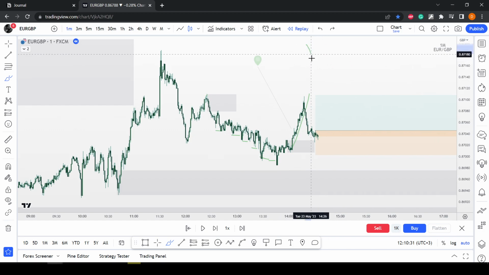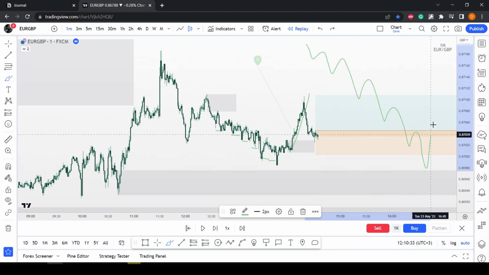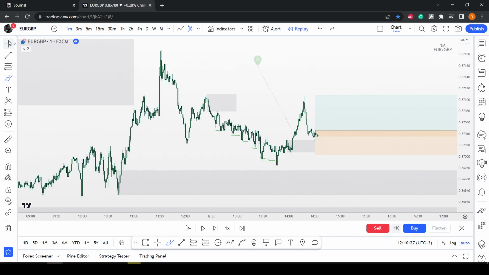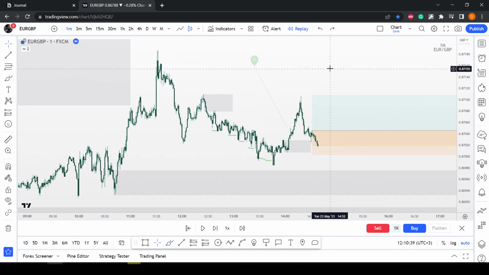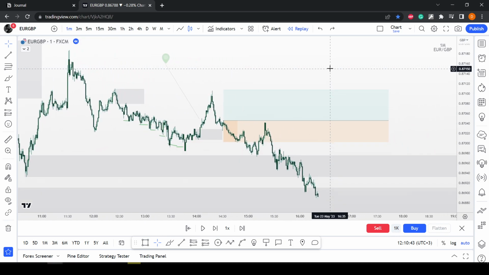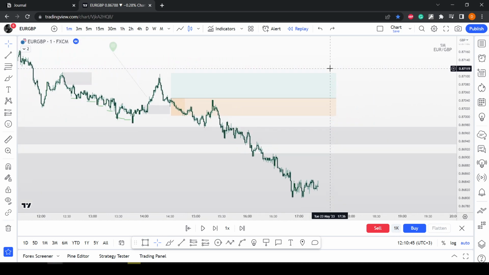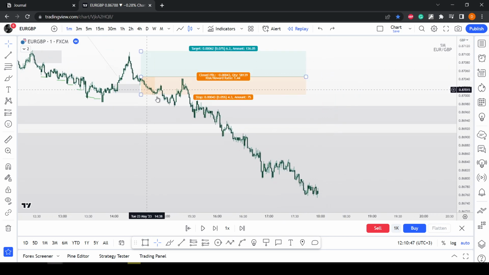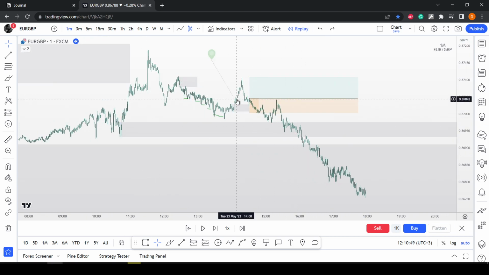But in this situation, down, down, down, down, down, up, well, this is more like a redistribution. But I was entering here and it just failed. So it was a redistribution, you know, just to continue lower. And the market never created a good confirmation.